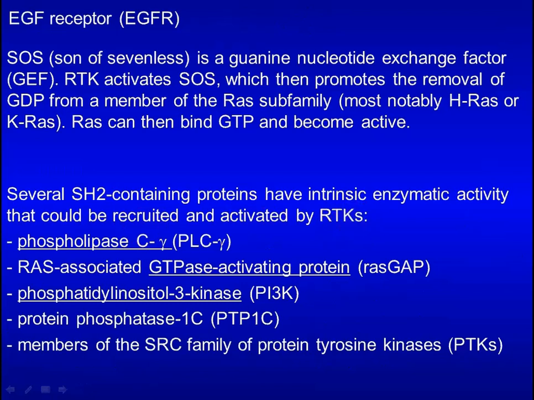Notable examples include phospholipase C-gamma, RAS-associated GTPase activating protein, or RAS-GAP, and phosphatidylinositol 3 kinase, or PI3K.